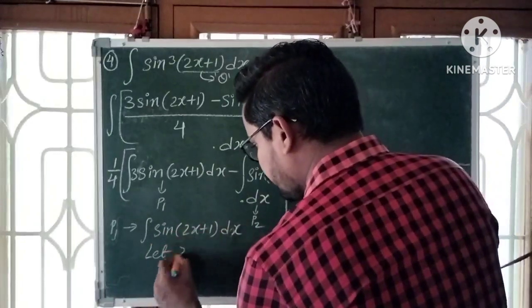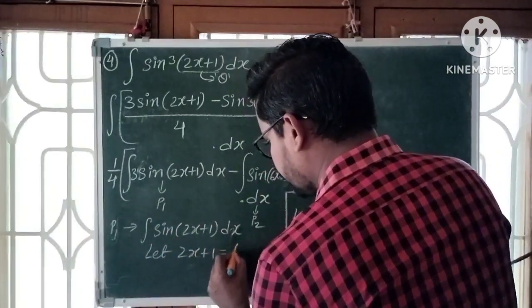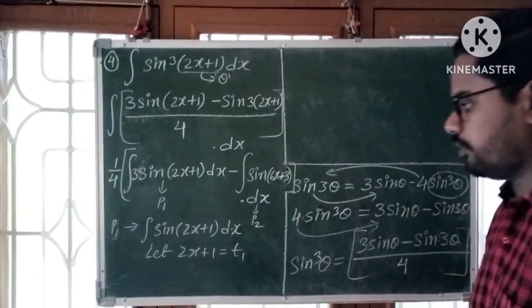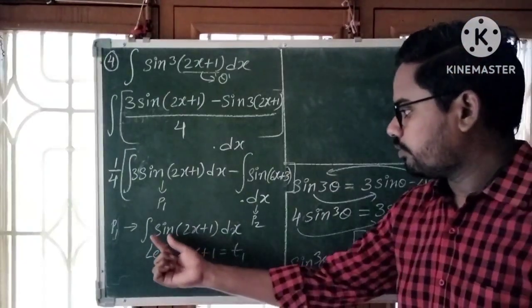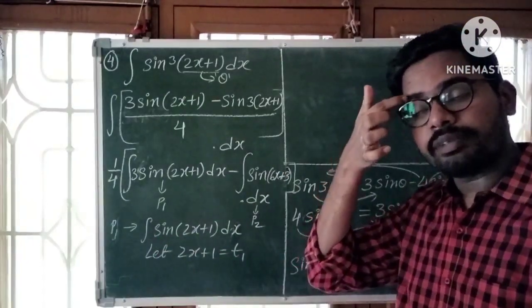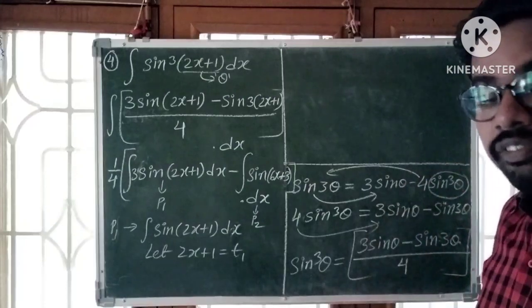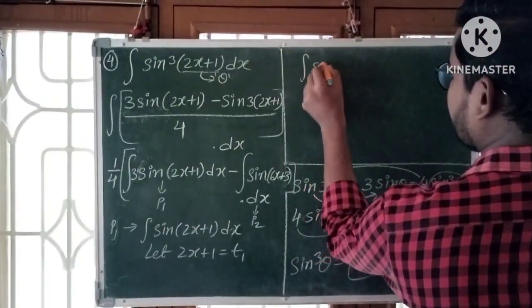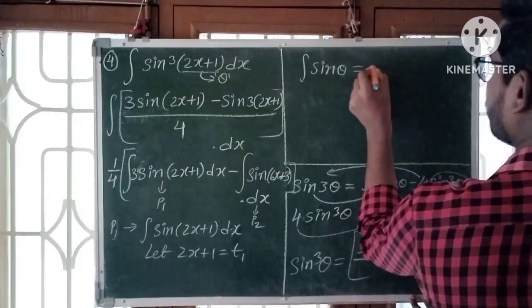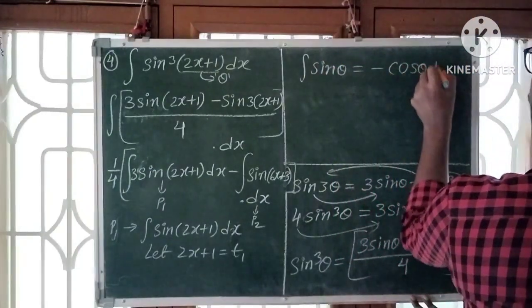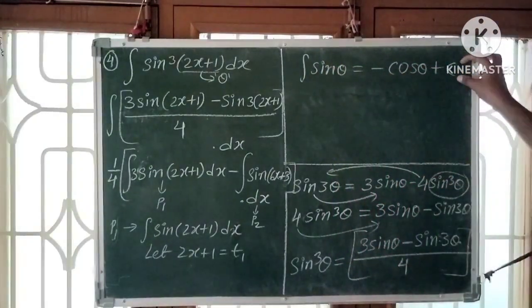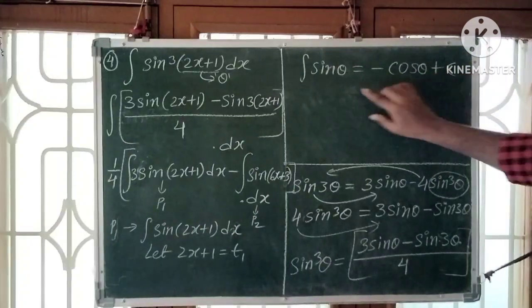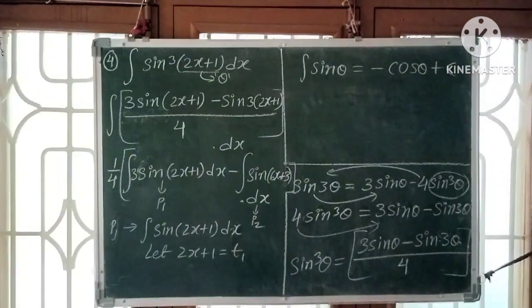We do not have a formula for the integral of sine (2x plus 1); we have a formula for the integral of sine theta. The integral of sine theta is equal to minus cos theta plus c, where c is the constant.